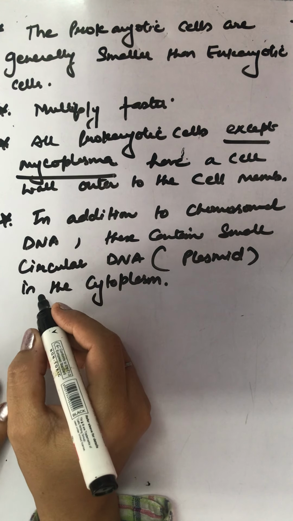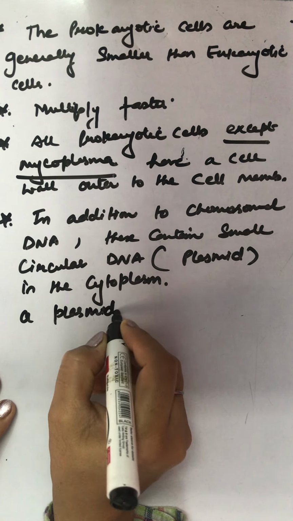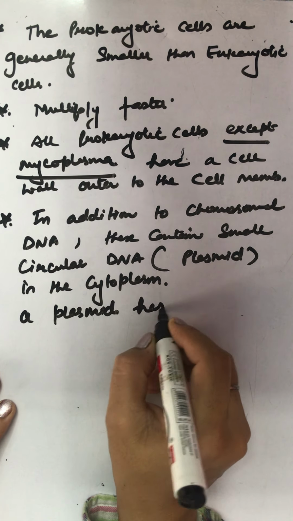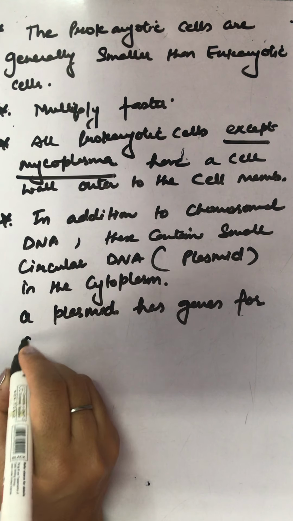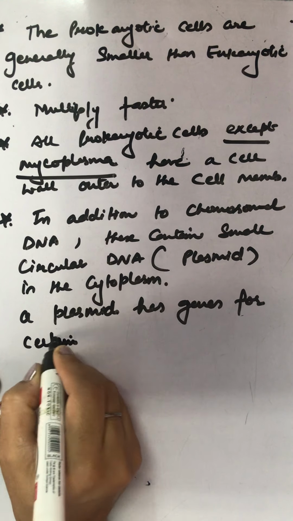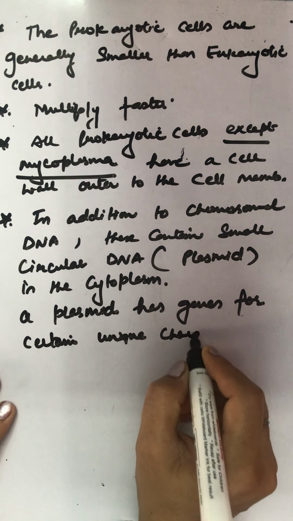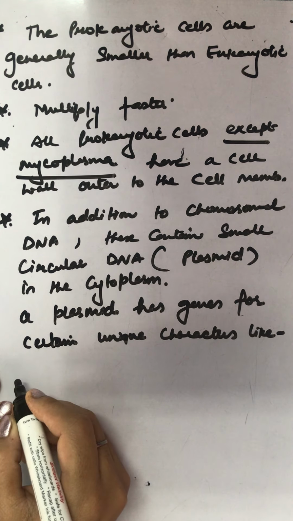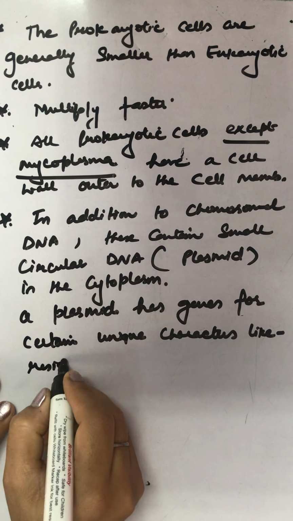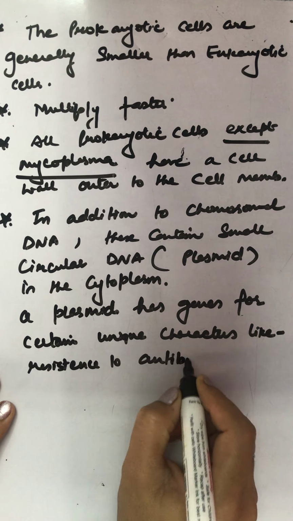And a plasmid has genes for certain unique characters. What kind of unique characters? Like resistance to antibiotics.